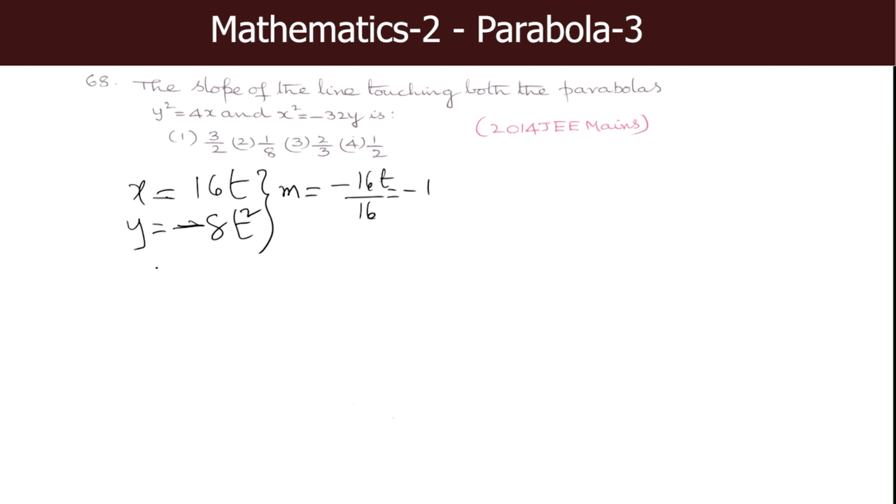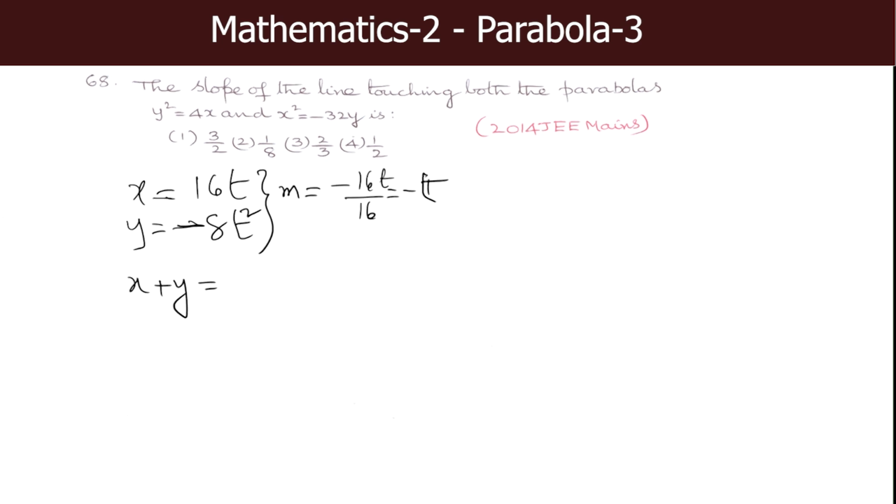Therefore, x plus y is equal to xt, m is minus 1. So, therefore, the equation of the tangent x plus y equal to, the slope of the line joining, m equal to minus 16t by 16, minus t, not minus 1.